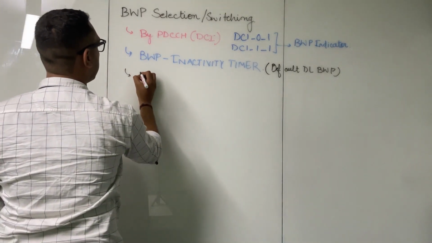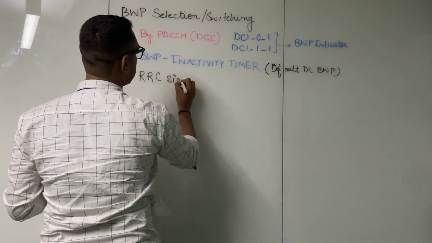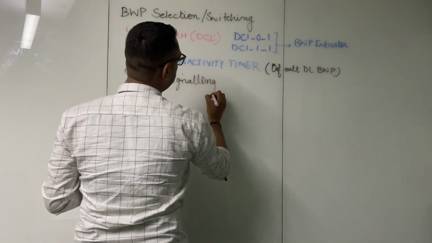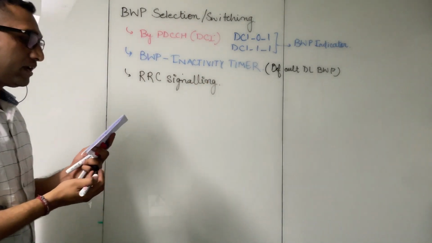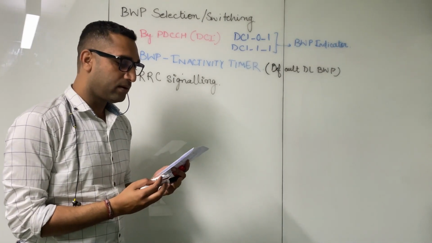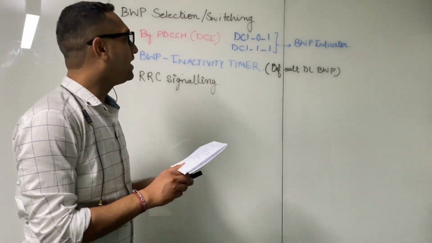Third is by RRC signaling. Bandwidth switching can happen through RRC signaling. We have again already studied that RRC reconfiguration can enforce a BWP switch by providing an active BWP ID.